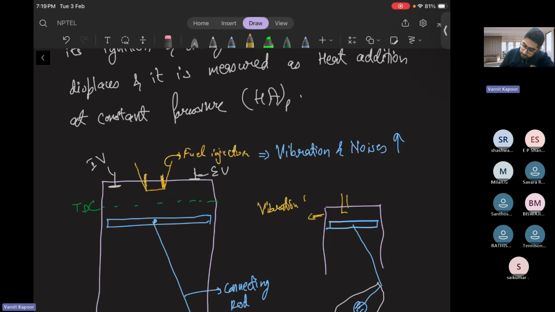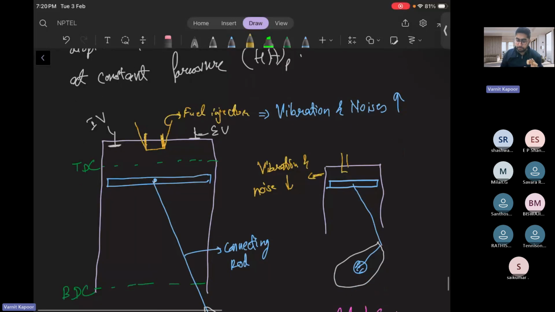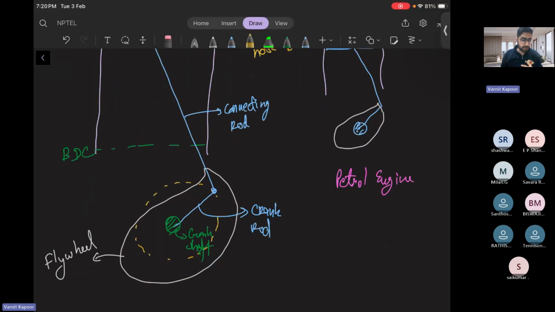Someone has unmuted. Vibration and noise is less. Yes, Sai Kumar, any doubts? You have unmuted. No doubts. Okay. Please keep yourself muted if no doubts are there. Okay. So in a petrol engine, these noises are down.